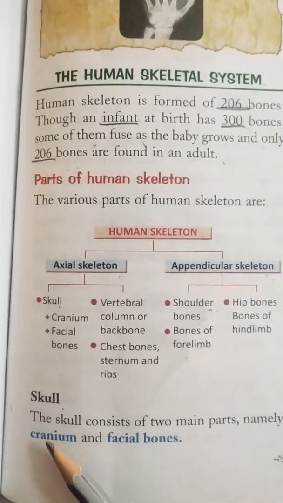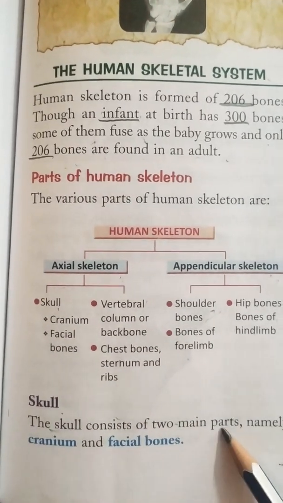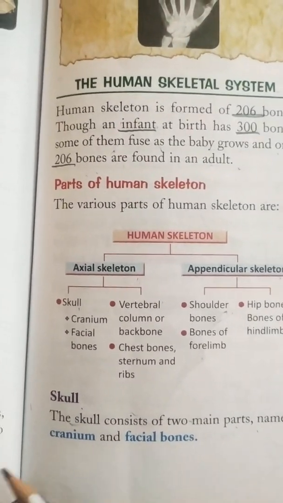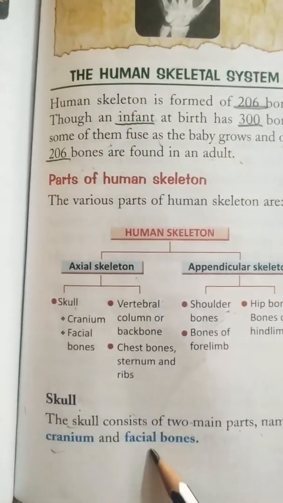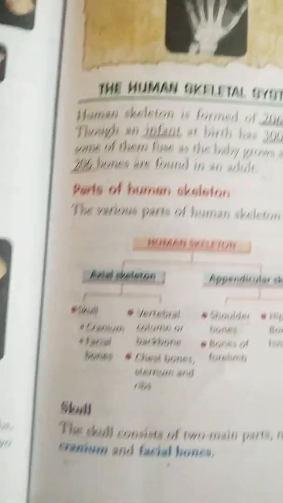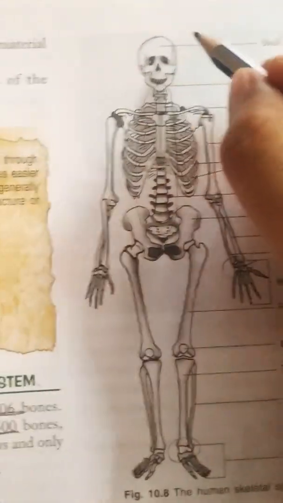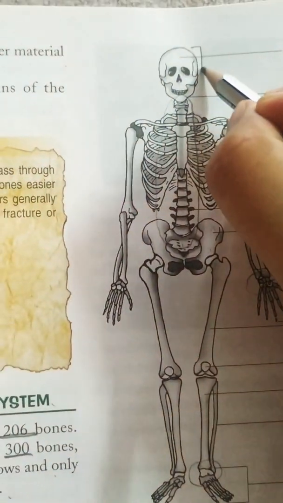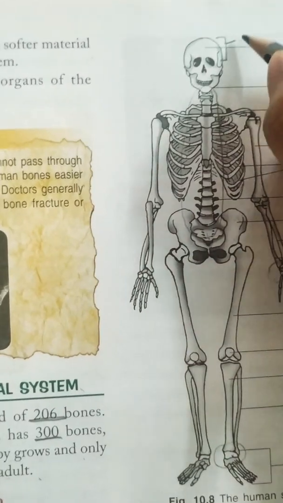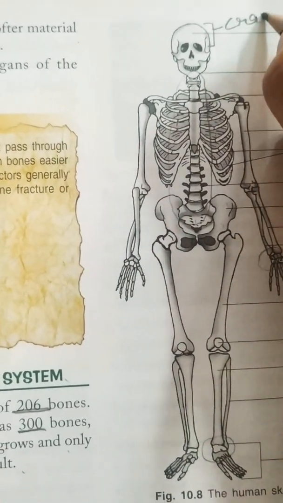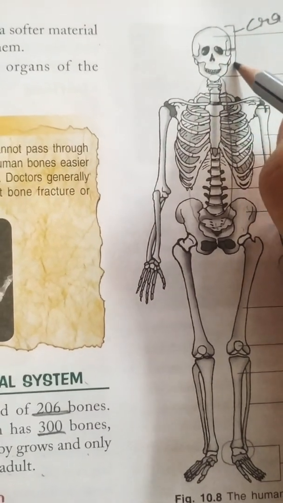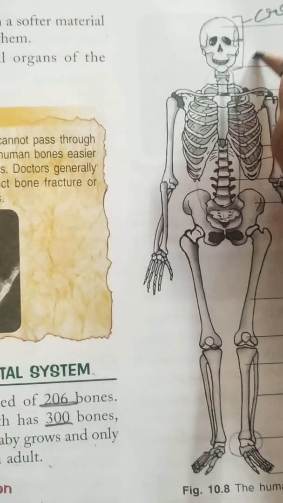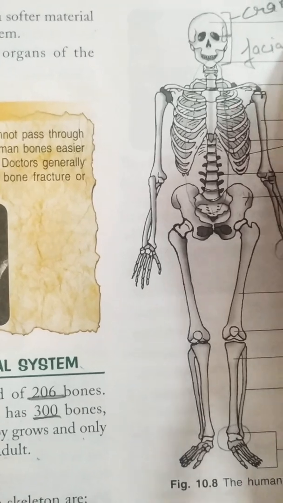The skull consists of two main parts, the cranium and the facial bones. As you see here, this part is called the cranium, and this part contains the facial bones.